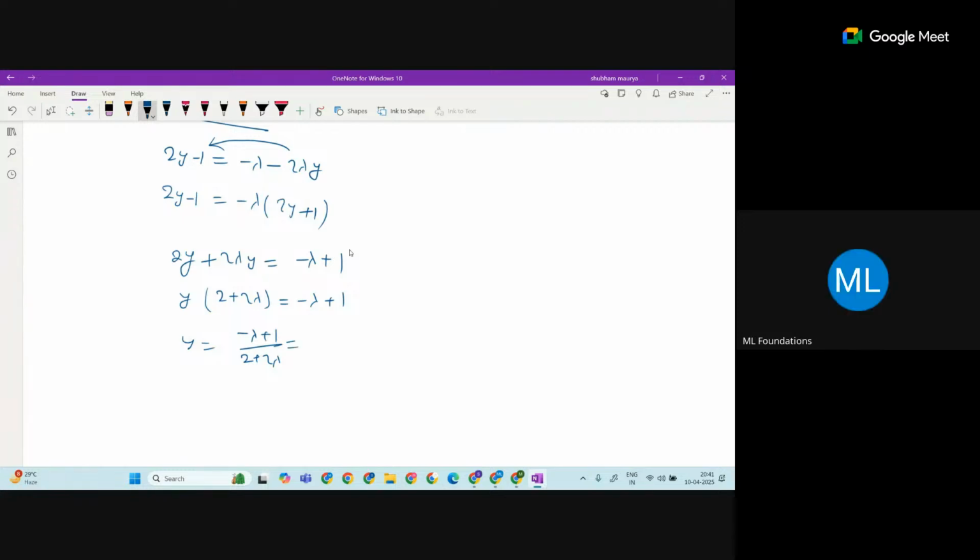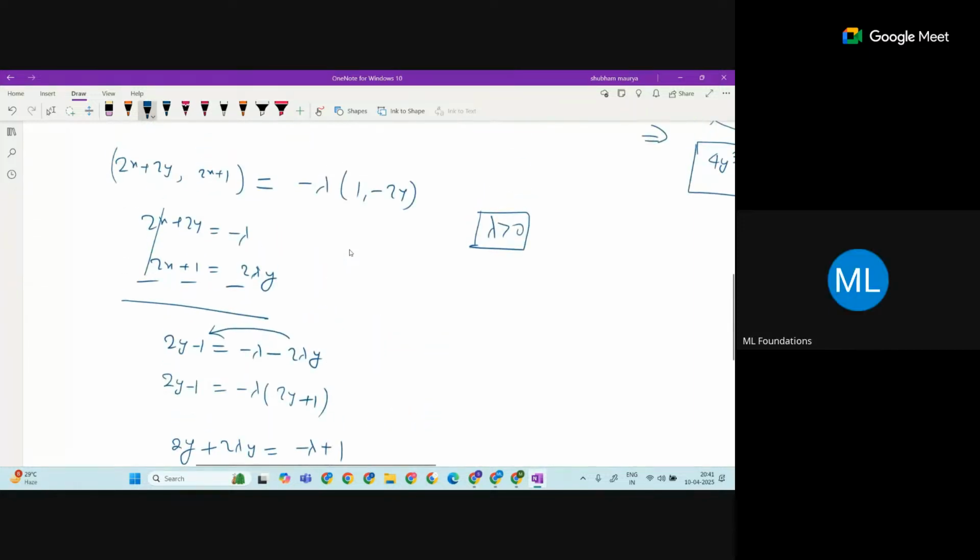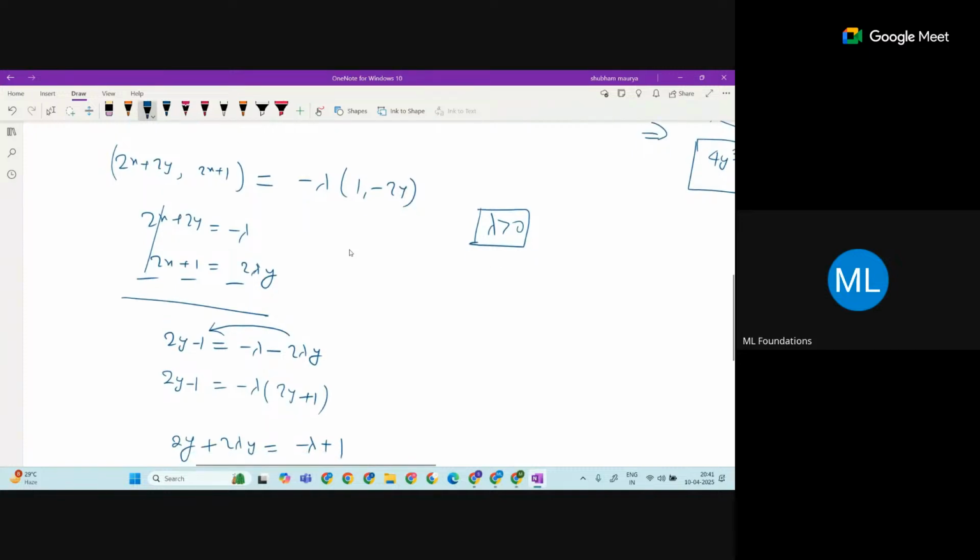Yes, this is okay. We can rearrange it as 1 by 2 times 1 minus lambda by 1 plus lambda. This is the form we have now. We have the y value, so we can substitute it in the first equation, 2x plus 2y.